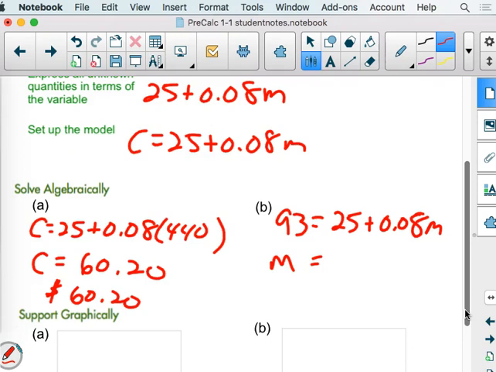Let me know when you've got that one. Subtracting 25, divided by 0.4.